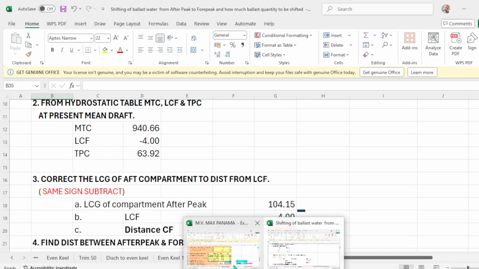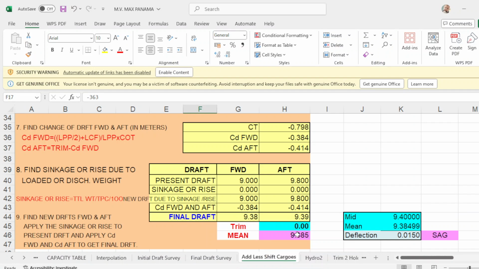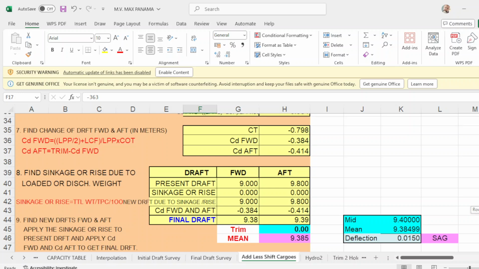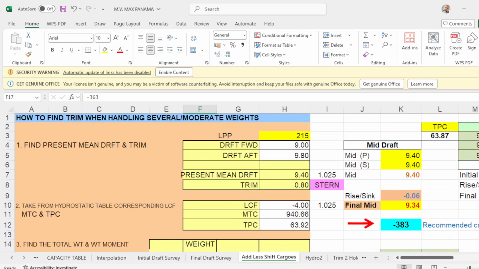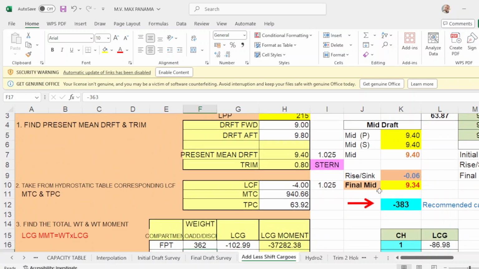Okay, this LCF, you have here your 9.4, and your LCF is negative 4, okay.